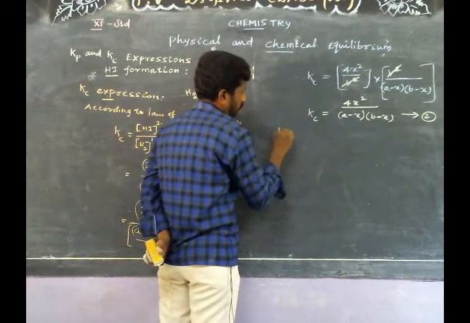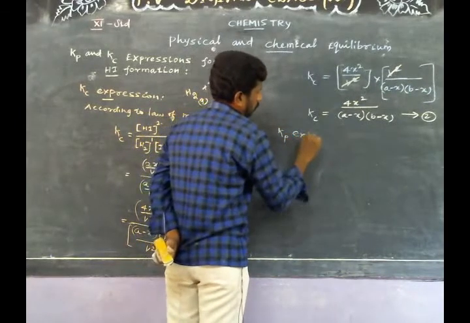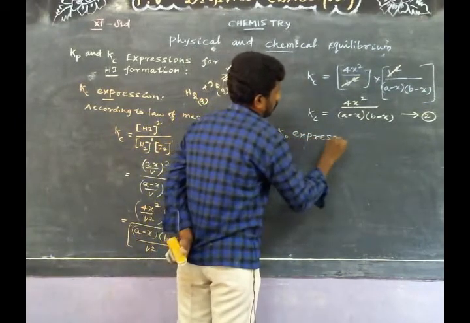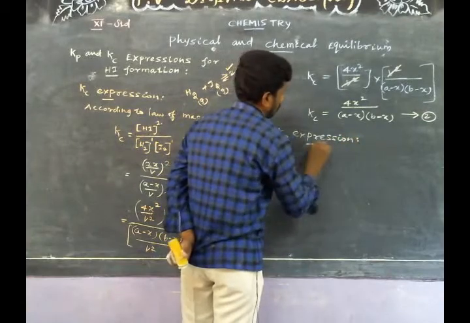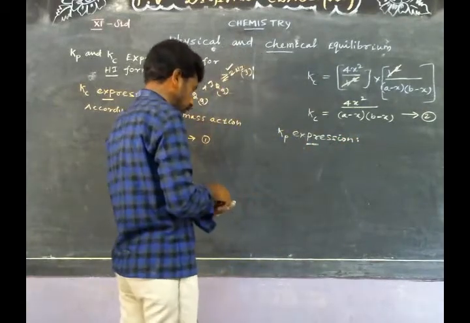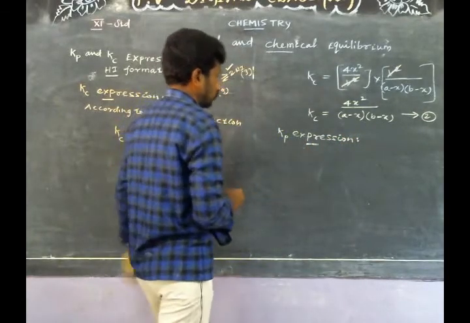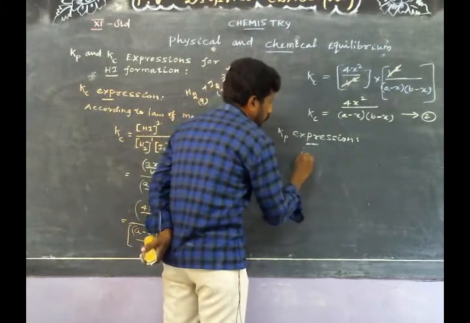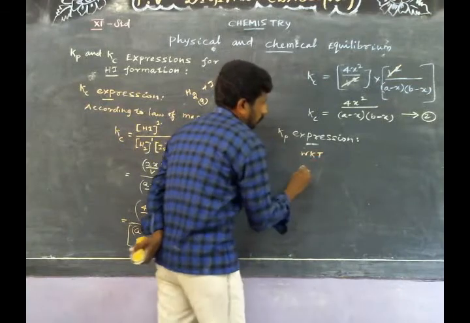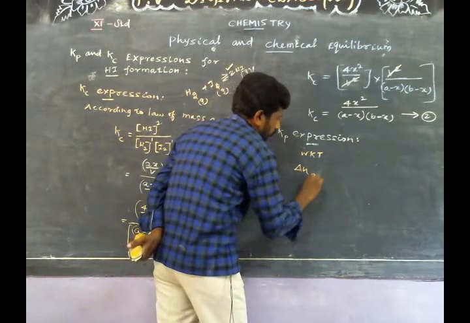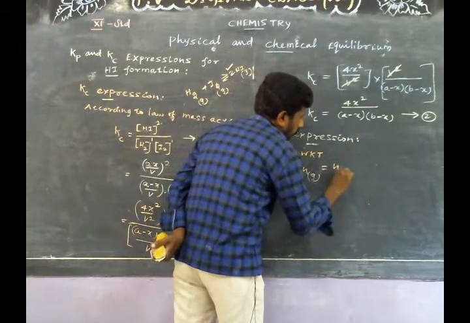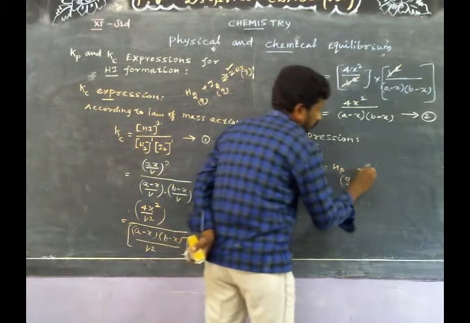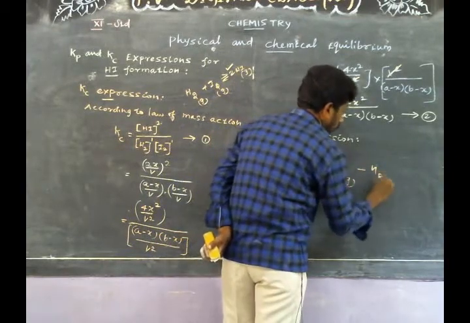Then Kp expression. We know that delta Ng is equal to Npg minus Nrg.